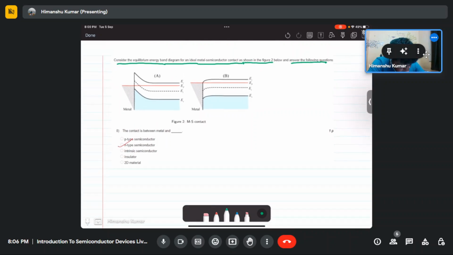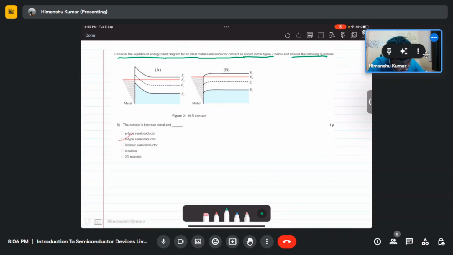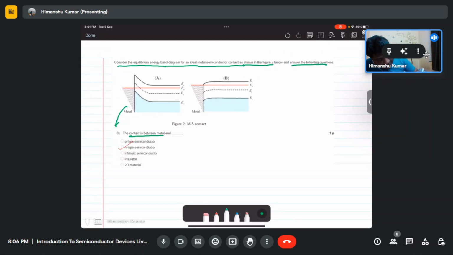The figure 2 we are talking about, so we are talking about figure A. The contact between metal and semiconductor is, as you can see in figure A, the electron Fermi level is closer to the conduction band, so it is n-type semiconductor.